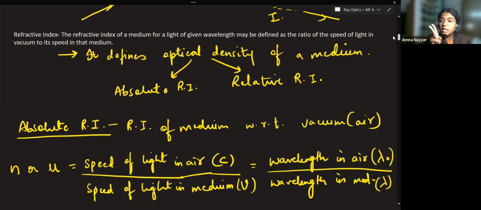But when you are making a comparison of two different media, oil and water, that is better than air and water. So these are two different media. In that case you have relative refractive index.